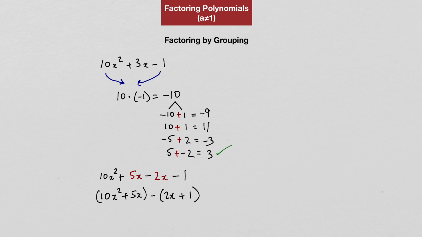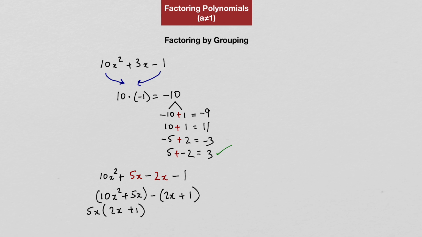The next thing to do is to find the greatest common factor of this first set, and we find that the greatest common factor is 5x. When we factor that out, what we have left is 2x plus 1.